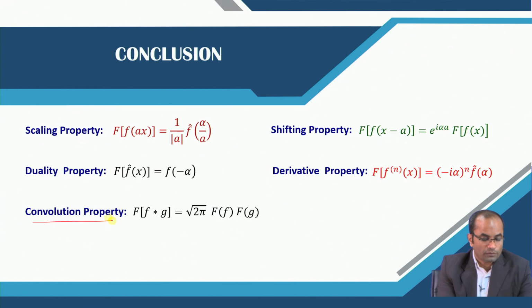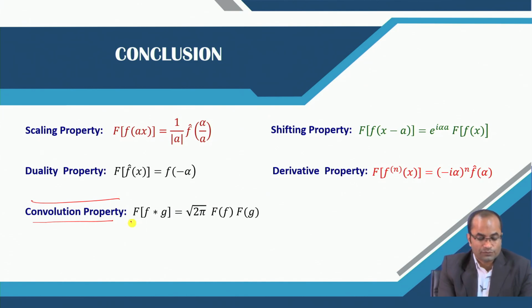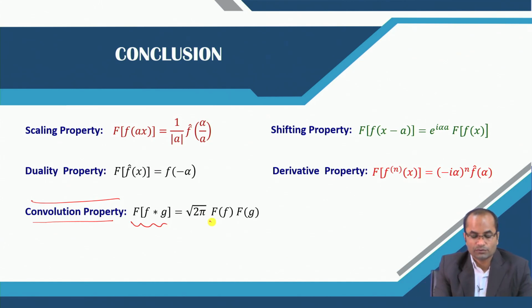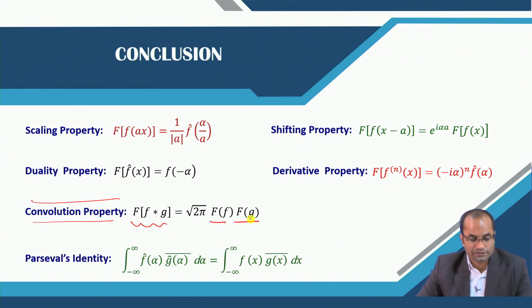The convolution property is very much used for getting the inverse transform, and later we will see in many examples that the Fourier transform of the convolution of f and g is equal to the product of the Fourier transforms of f and g.